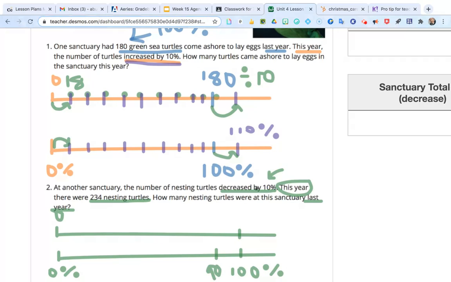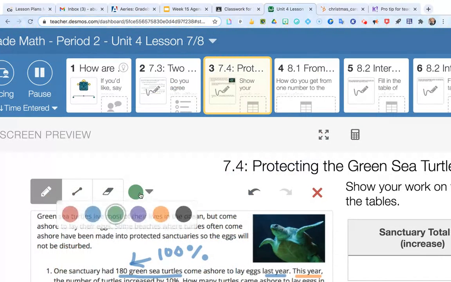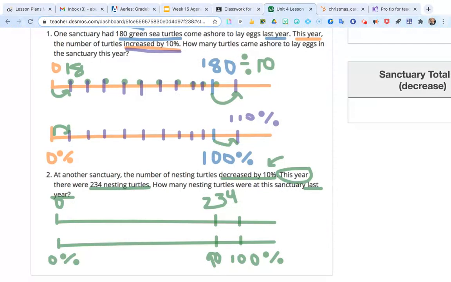So decrease by 10%, it's decreasing from 100. So at the decrease of 10%, it was 234. So a little different. They did not give me the original, but I'm going to do the same thing. I'm just going to cut up my number line. All right, so 234 is in line with 90%.